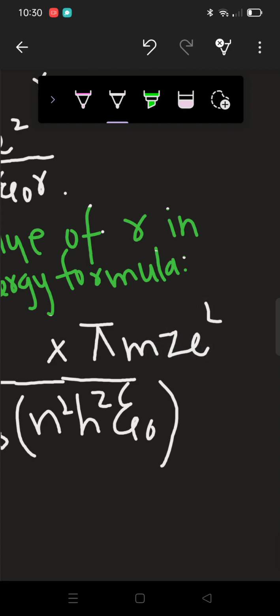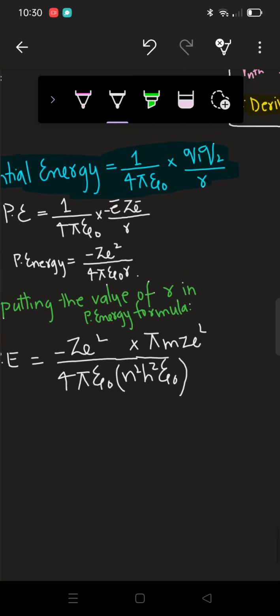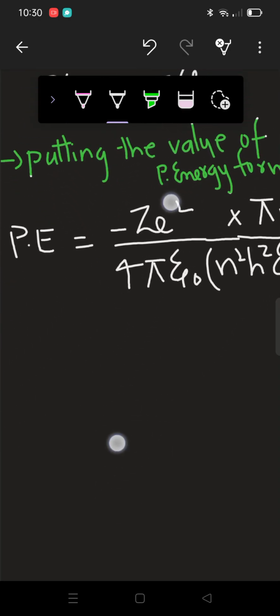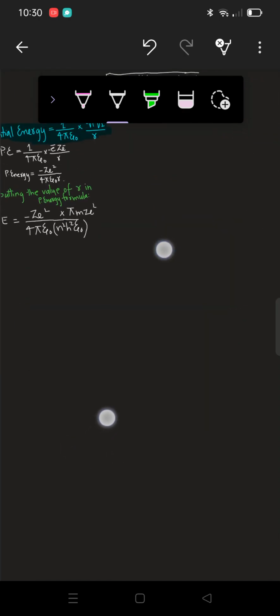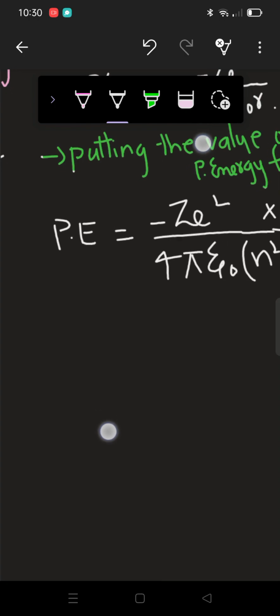We know that that is in the denominator. When it goes up, it will be multiplied, so I have written it like that. Let's multiply this now.